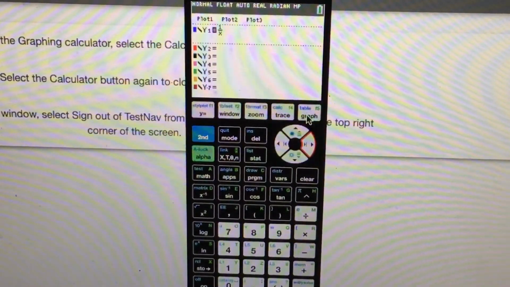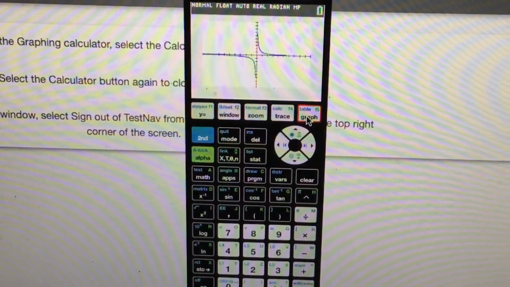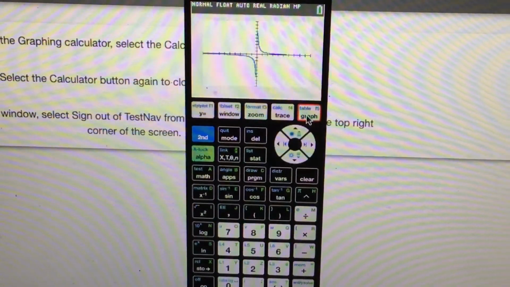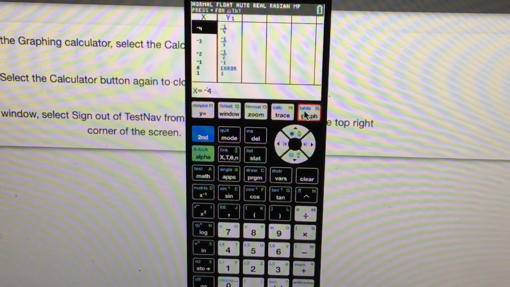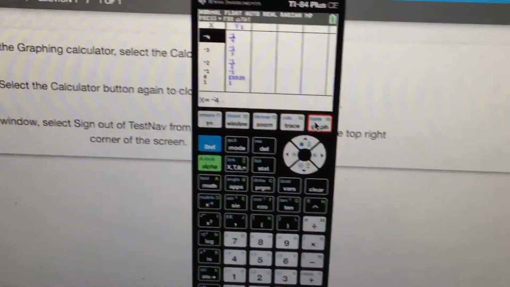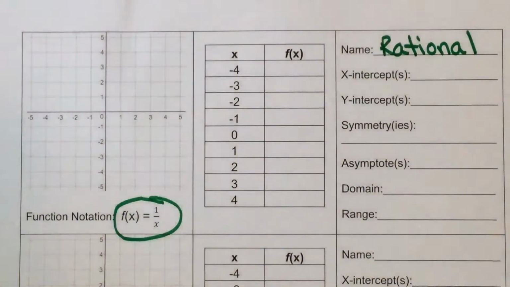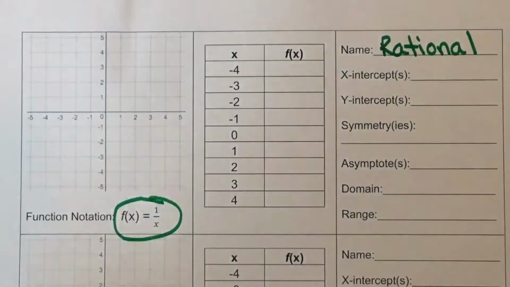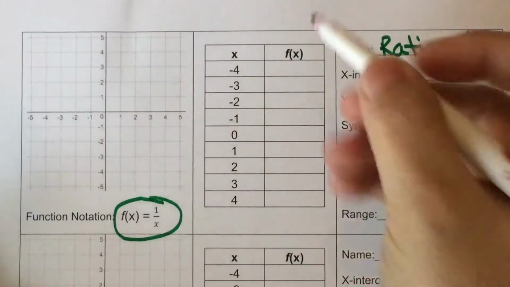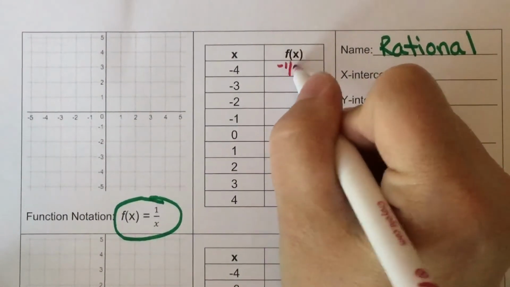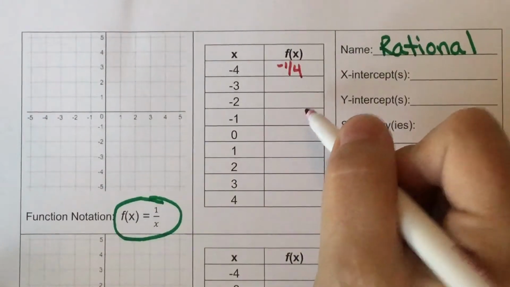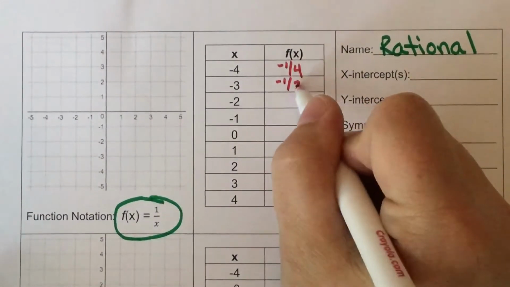Okay, let's look at it. Let's hit graph in the top right. And this is how it looks. It looks kind of funky. All right, so I'm going to go to the table, and I'm going to take a moment and write down what I see. Because I put that in the calculator as a fraction, it spit fractions back out at me. Negative 4 said negative 1/4. Negative 3 said negative 1/3.